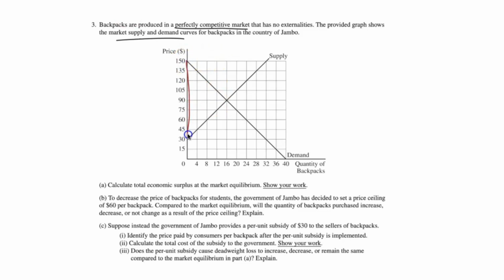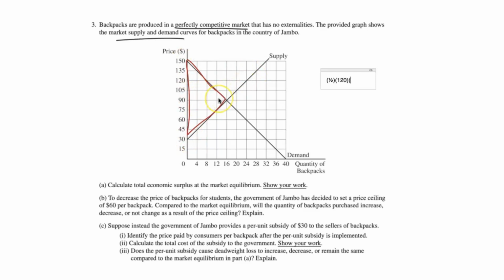So that's what we're going to do. We know that to calculate the area of a triangle, it's 1/2 base times height. So we're going to have 1/2 times the base. What is the base of this triangle? I'm going to look at it from the price. The price here goes from 30 to 150. So 150 minus 30, that is $120.